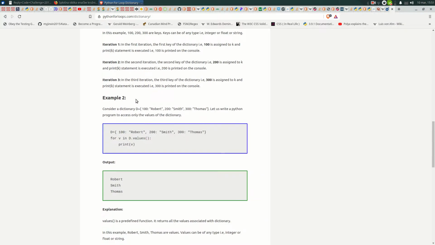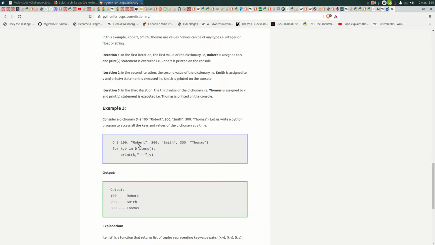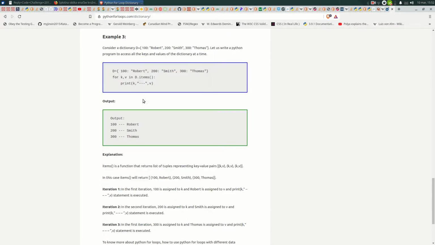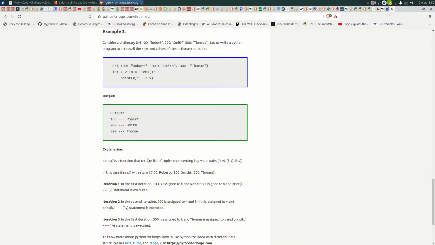One example is value in the values, kv in the items. Dot items gives key value, and that returns a list of tuples representing key value pairs.